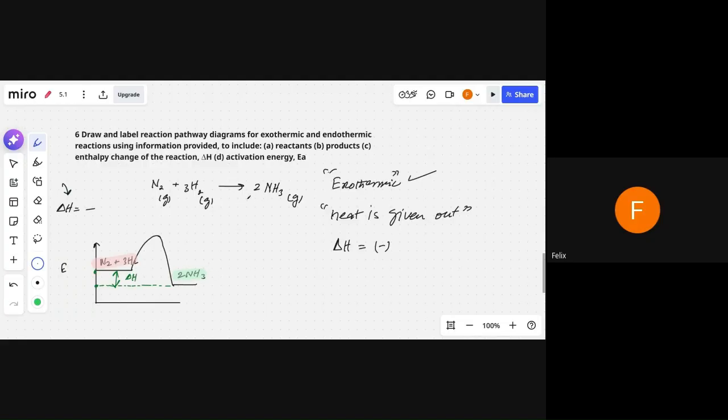And the activation energy is the highest point on the graph starting from the reactants, right? Like this. So I hope this is clear. And you label it as E sub A, activation energy. Okay, so this is how you will have to answer these questions, right?